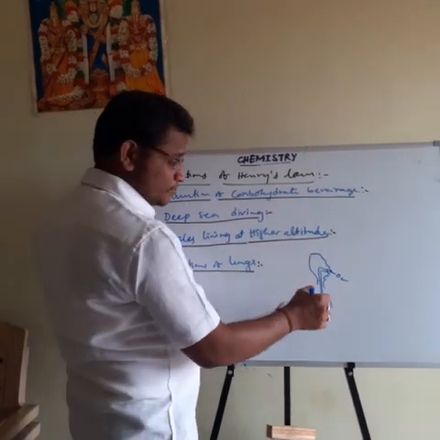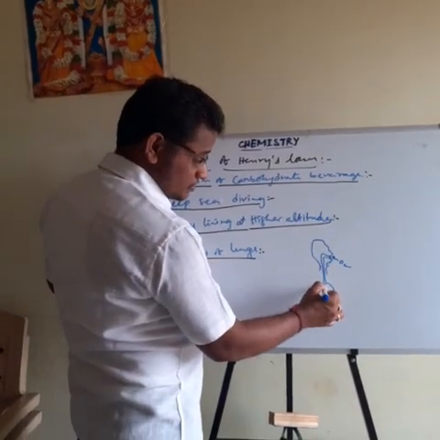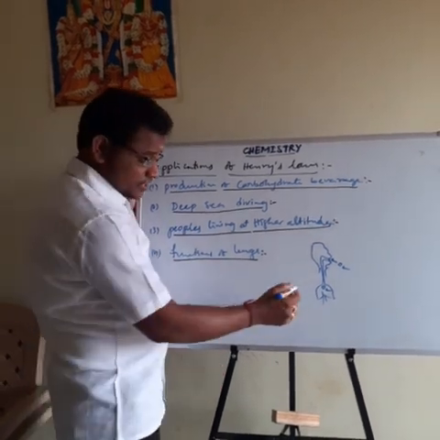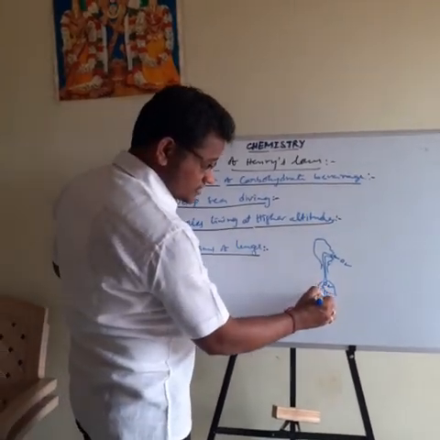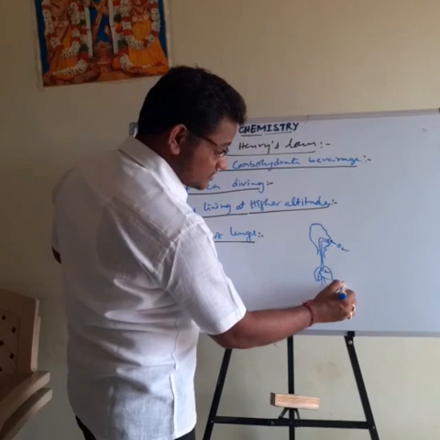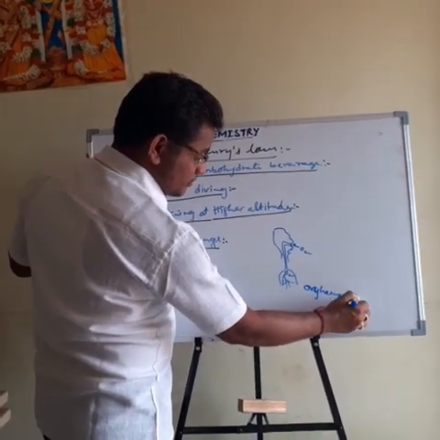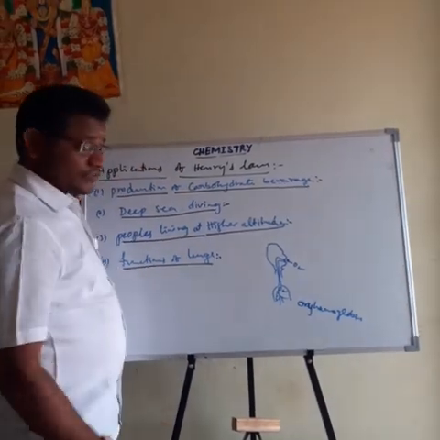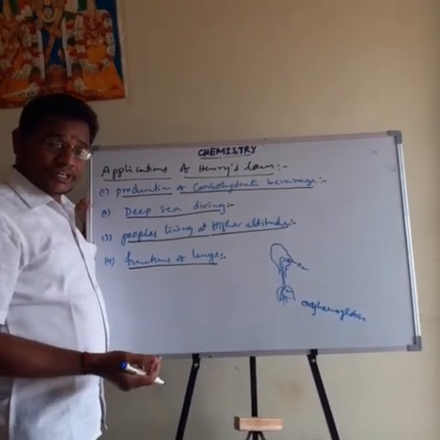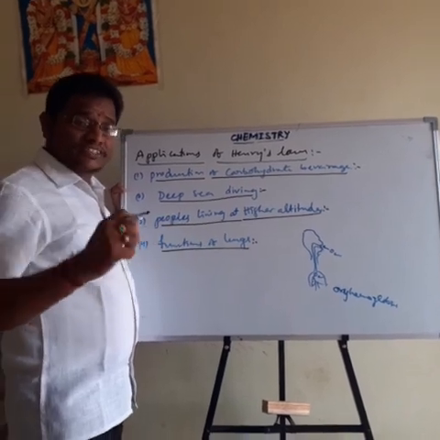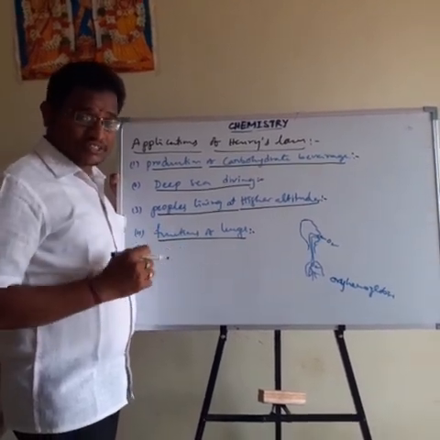Whenever the person breathes the air, in the lungs the oxygen pressure is increased. Whenever the oxygen pressure increases, a greater amount of oxygen is dissolved in our blood to form oxyhemoglobin. Whenever the formation of oxyhemoglobin increases, a greater amount of oxygen is supplied to our blood cells, tissues and cells.